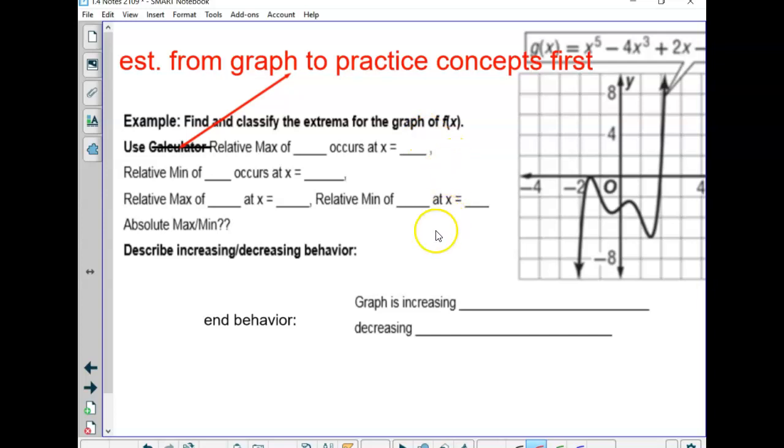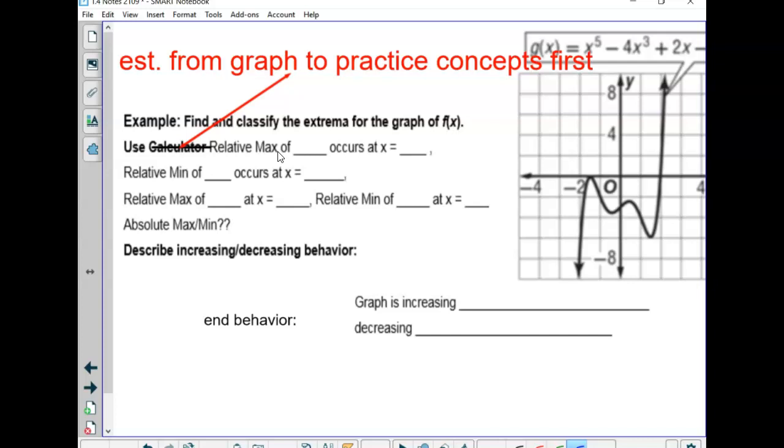We're going to start with this example on your worksheet, but I'd rather just practice from the picture estimating our values. We'll do a couple in a minute where we type them all in the calculator, but help me out here, guys. There is a relative maximum. Relative maximum is for this graph because is there ever an absolute maximum where it stops going up?